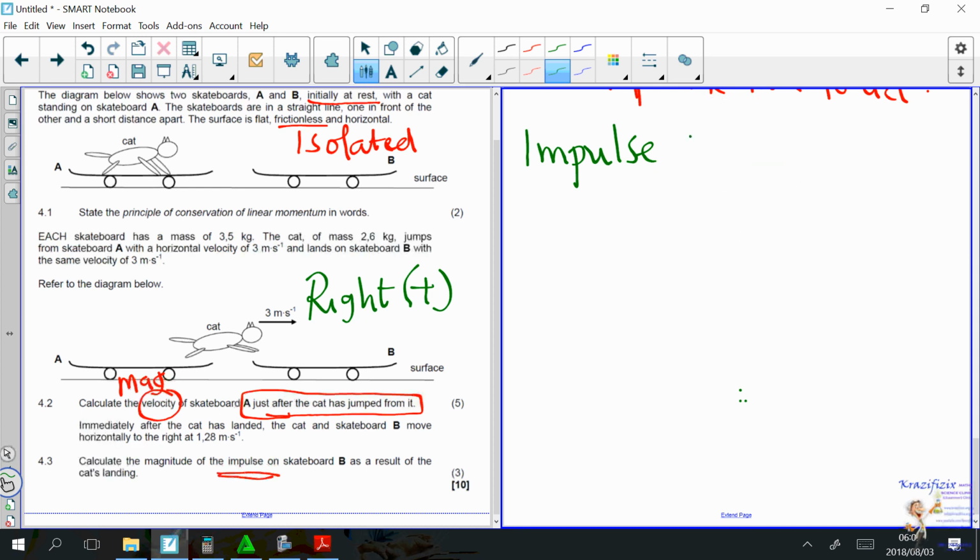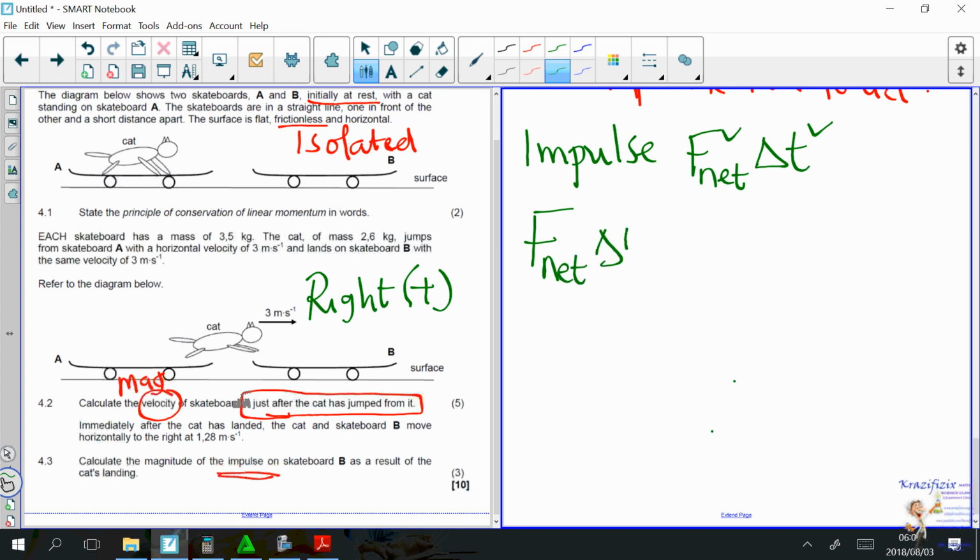Okay, let's write this well. And if you go to your formula page, please run to your formula page and find this formula, F net delta t. Now that is impulse. Now, if you look at this question, we have a challenge. We do not have the force and we do not have the time. But in your exam formula page, this formula is written this way.